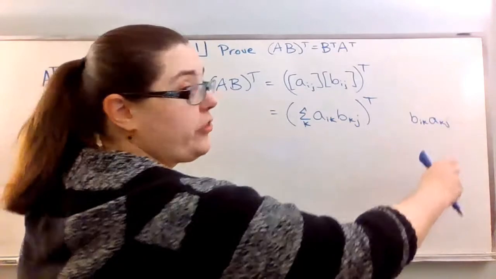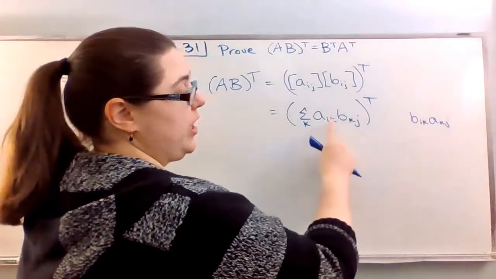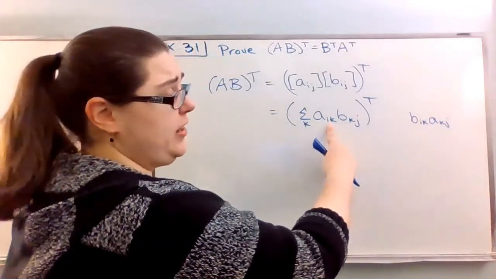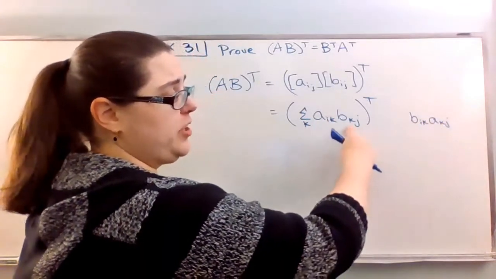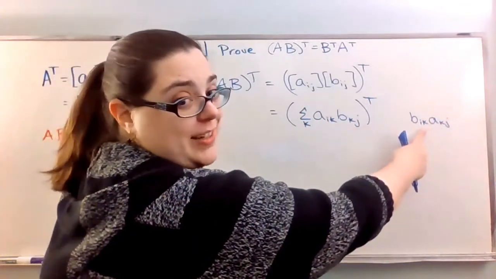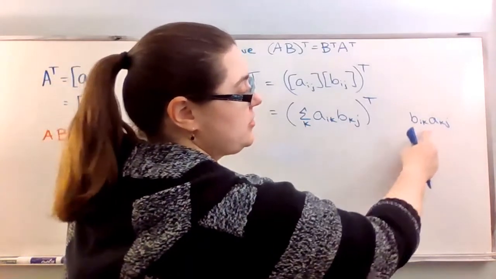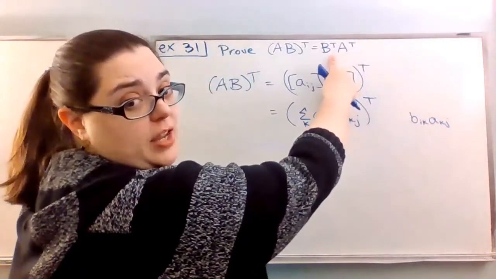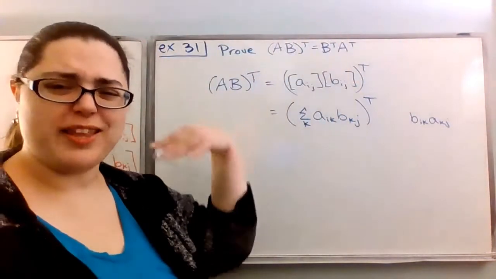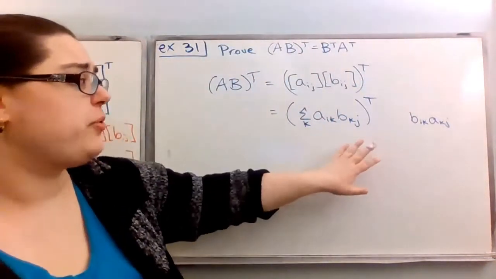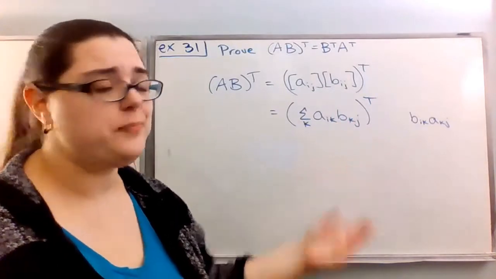So I want to try and reverse so that instead of the K coming second on the A, it's going to come first. And then similarly, instead of the K being first for B, it's going to come second. I'm going to need this so that I can write B times A. So that's how I'm using the statement of the proof to kind of guide my thinking and say, okay, I got to this point, now what, right?